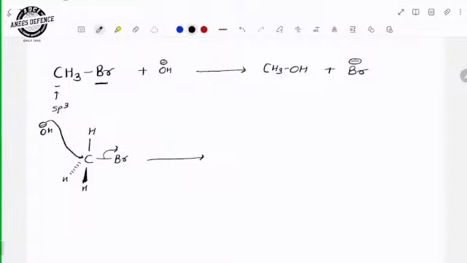So what would be my transition state? It is somewhat like this.